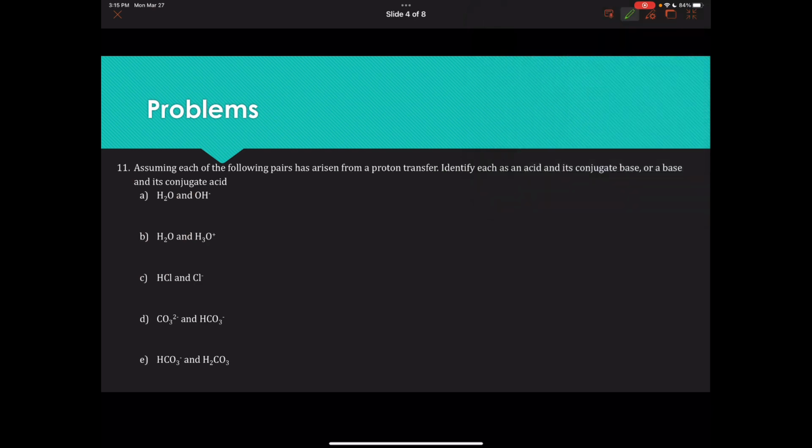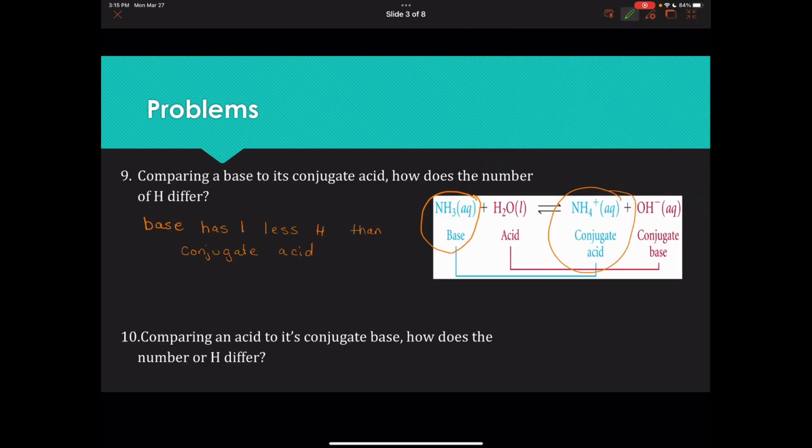Now, if we compare an acid to its conjugate base, we're going to compare water to hydroxide. The water has 2 hydrogens, the hydroxide has 1. The original acid has 1 more hydrogen than that conjugate base.